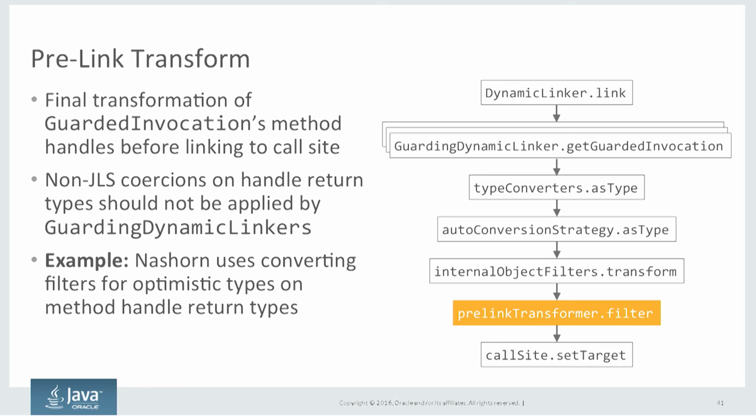This should rather be left to the pre-link filter of the runtime owning the call site. This ensures the correctness for runtimes with optimistic typing, and this is what it's used for in Nashorn, even when linking handles from some foreign linker into its own call sites. Okay, so these are not so commonly used.